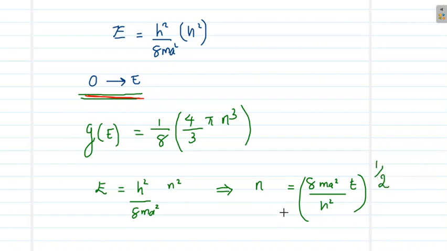So this is the equation for n in terms of E. So I am going to substitute this equation into the equation for n here, because we finally want G of E, right? We want density of states as a function of energy. Now it is a function of n.